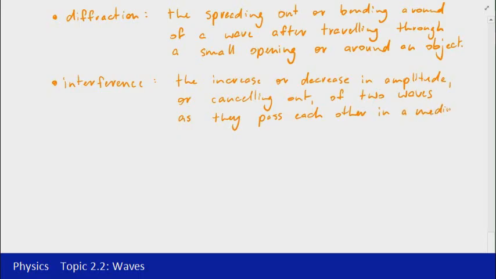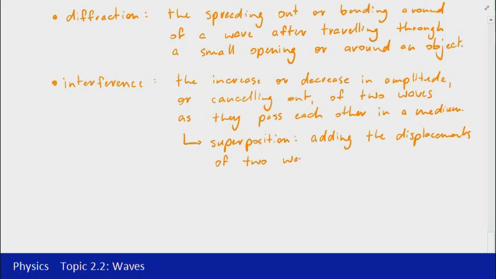Now, with this idea of interference, we're going to use another principle known as superposition. Interference is the phenomenon itself, but superposition helps us to determine the type of interference that's going to occur. Superposition is just the adding of the displacements of the two waves, or of the two waveforms.